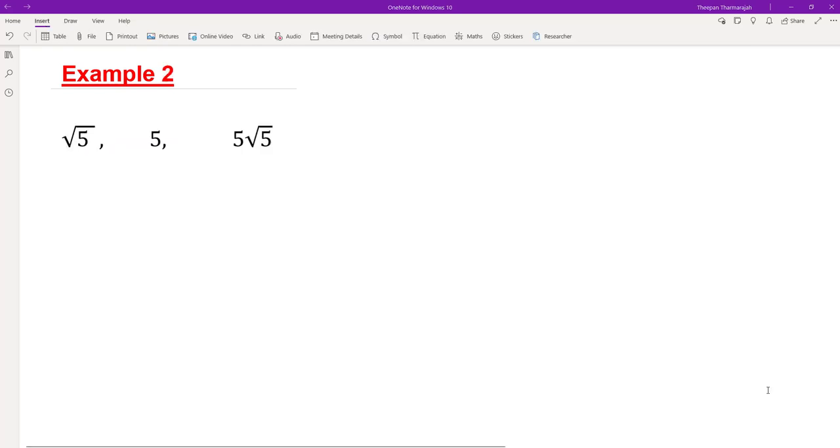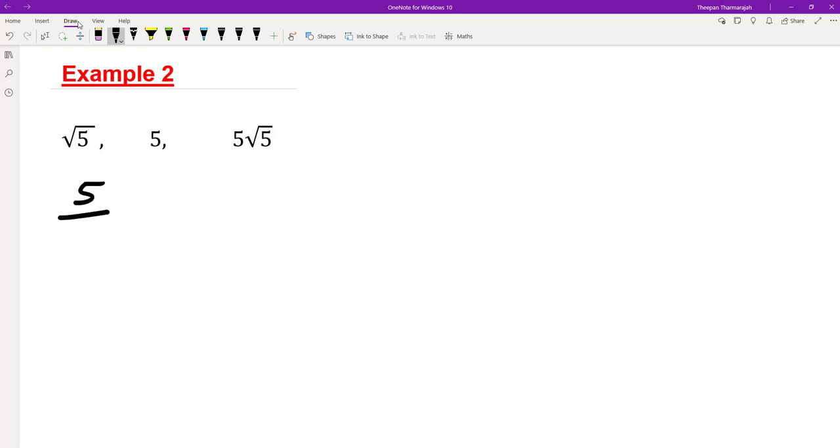Here's another example of a geometric sequence. How can we find the common ratio? Well, we can do that by taking the second term, 5, dividing it by root 5. But this is a familiar problem. This is a surd on the denominator. We would have to rationalize the denominator.